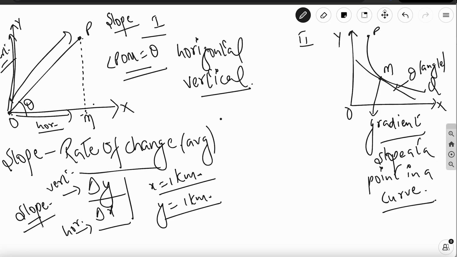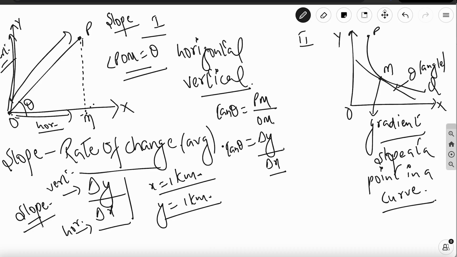Now from our previous example of trigonometric functions, we know that in a right angle triangle, tan theta is basically denoted by vertical divided by base, which is PM and OM. But in this example, when we move in an inclined direction from O to P, we know that PM basically represents the vertical change, which is del y, whereas OM represents the change on the horizontal axis, which is del x.